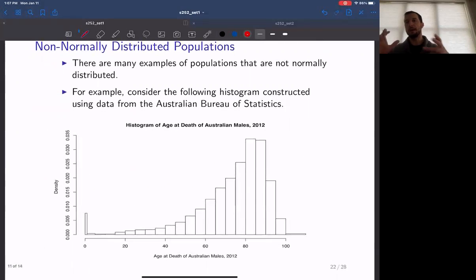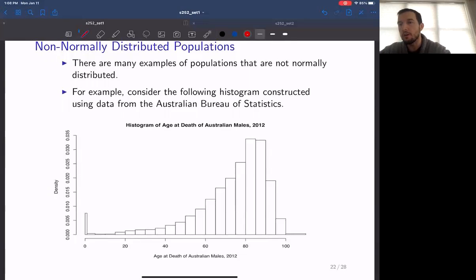Okay, now the next big topic from lecture set 1 is how to handle non-normally distributed populations. So there will be many situations where we want to work with a data set where the population is not normal. So how do we do this?